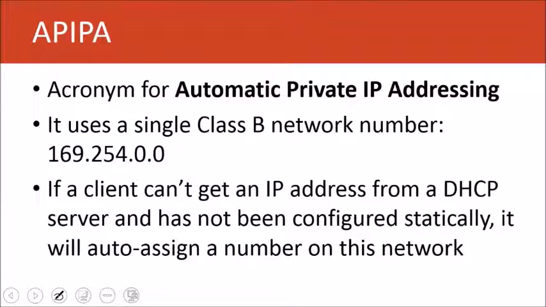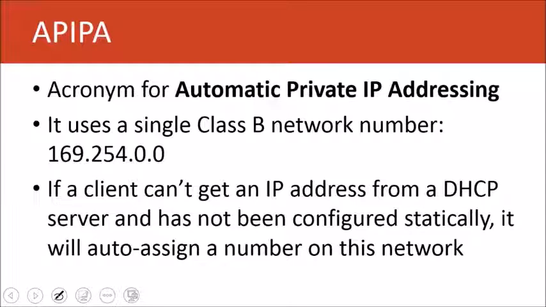There's another reserved network, it's in Class B. It's called Automatic Private IP Addressing, or APIPA, right? If a client can't get an IP address from something called a DHCP server, which is Dynamic Host Configuration Protocol server, and an IP address hasn't been configured statically, then it auto-assigns this number to itself on the network.